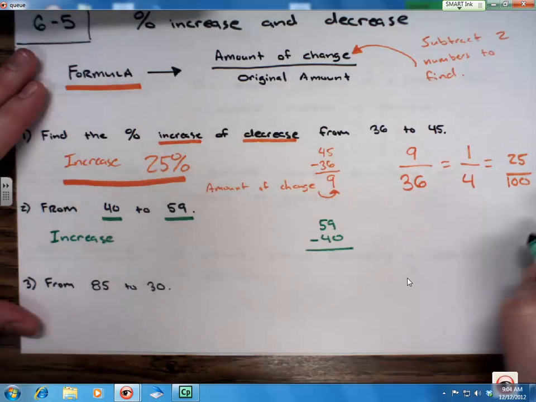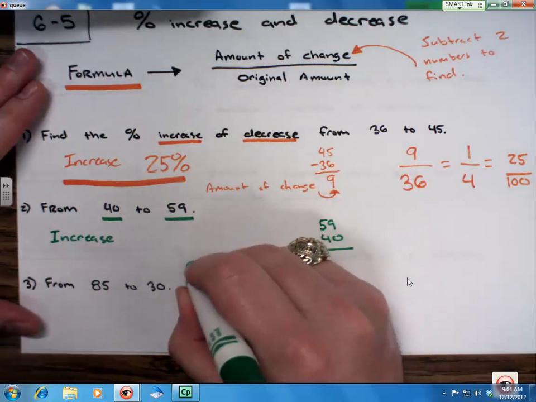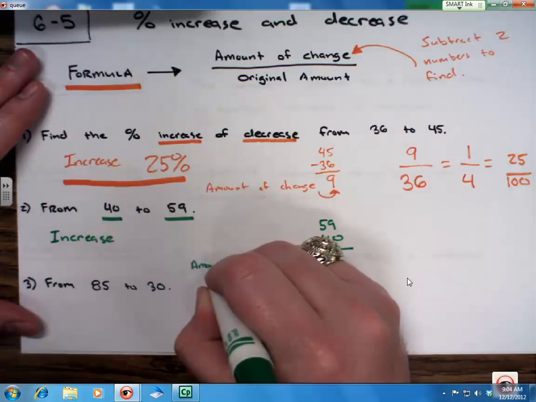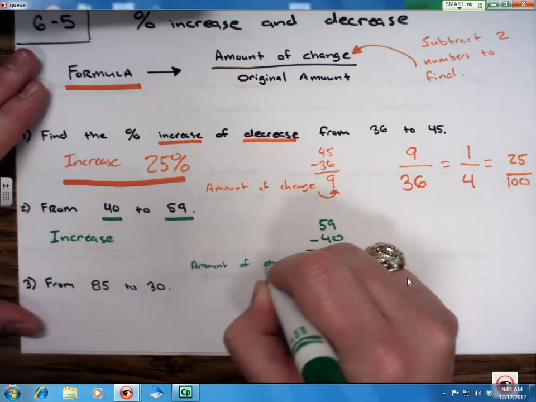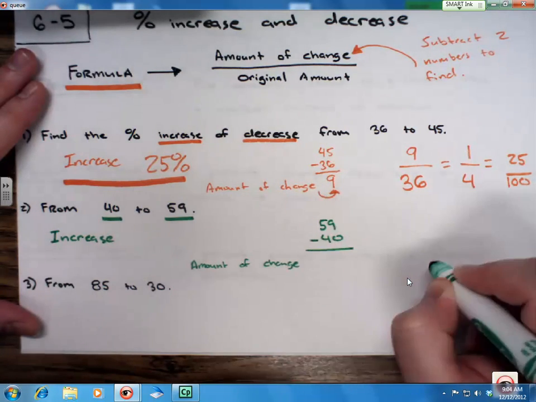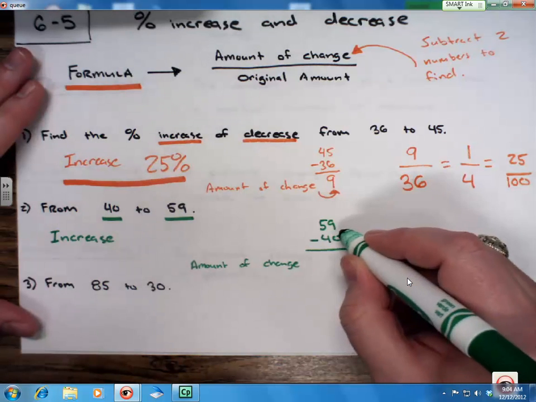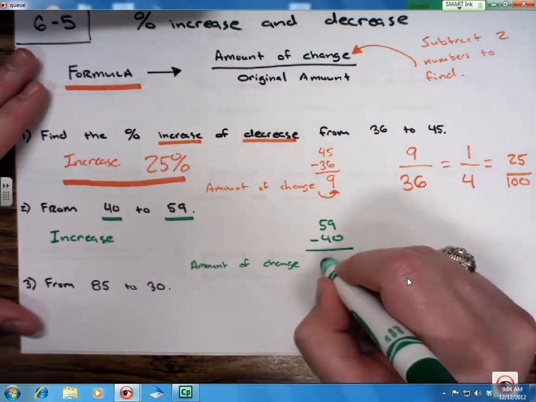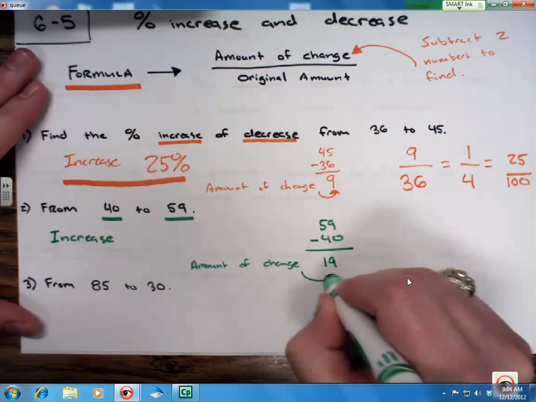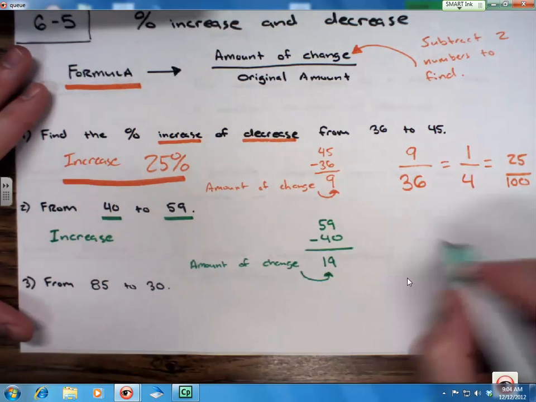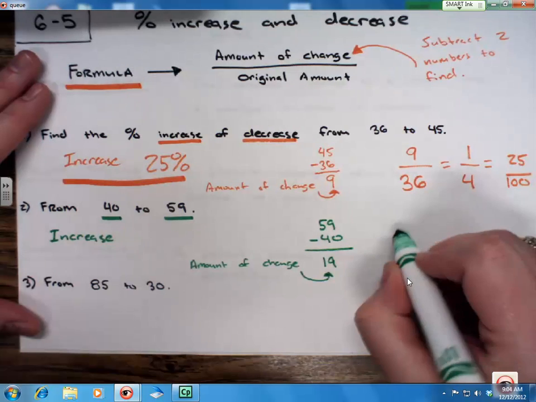So we're going to subtract those. That's going to give me my amount of change right there. So what's 59 minus 40? Yeah, 19. So my amount of change is 19. So I'm going to put that 19 over my 40.